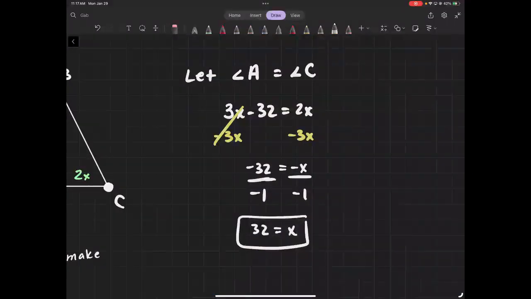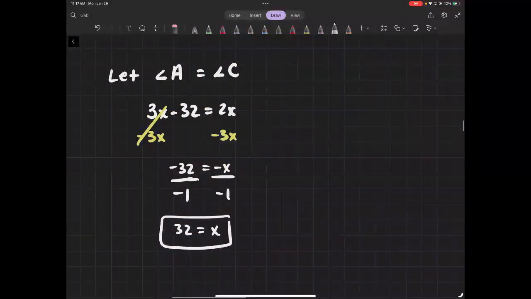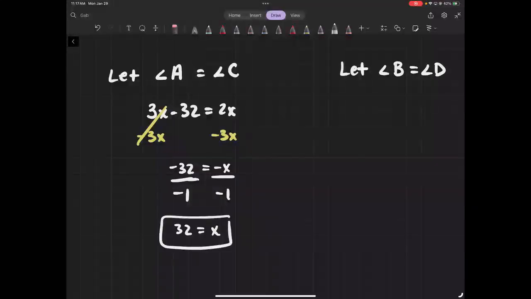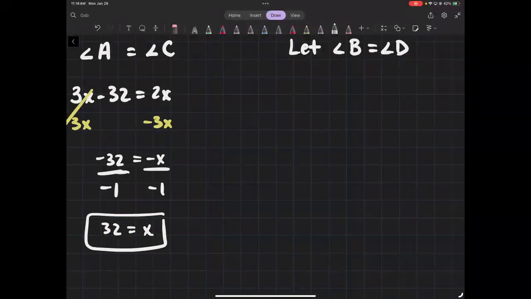Okay, so you did one. So I think we know opposite angles should be congruent, right? Okay, so A and C, and then the other one is what? B and D. Okay, what was angle B? 4y.